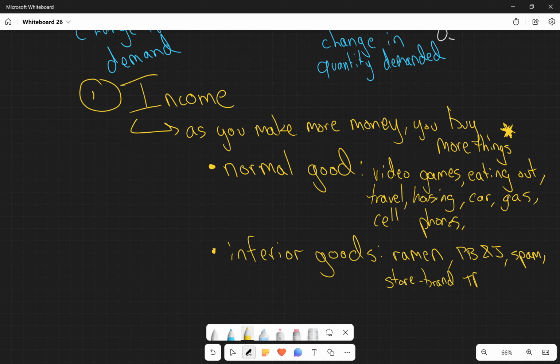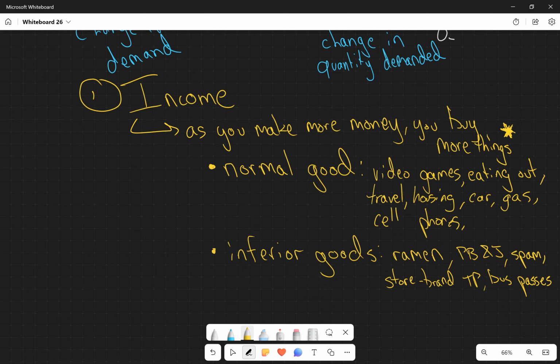Just like anything store brand, as your income decreases, you increase your purchasing of store brand things. Bus passes are another one. As your income decreases, you are going to demand more bus passes if you're in a city or someplace like that. As your income increases, you may end up being able to buy a car, so your demand for bus passes decreases significantly.